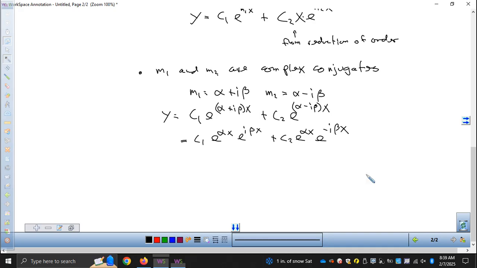Now we need to make sense of this. So what we do here, and I talked about it very briefly in pre-calc, I've alluded to it a number of times over the course of this year, we rely on Euler's formula, which to me is like a miracle.